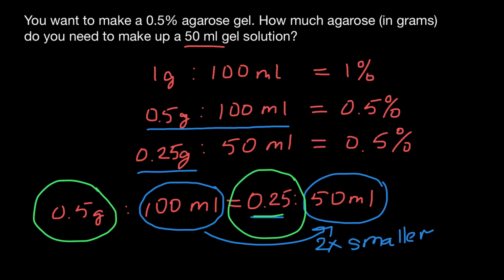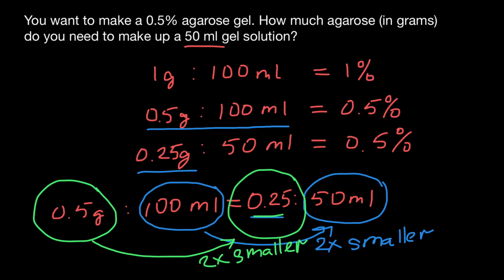For example, if we divide 0.5 by 100, we are going to get the same number as if we divide 0.25 by 50. So this number also has to be twice smaller.